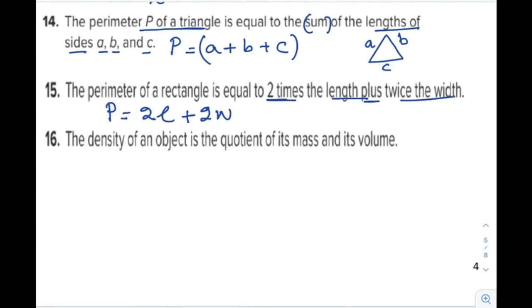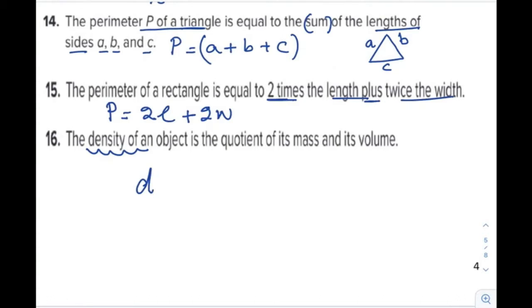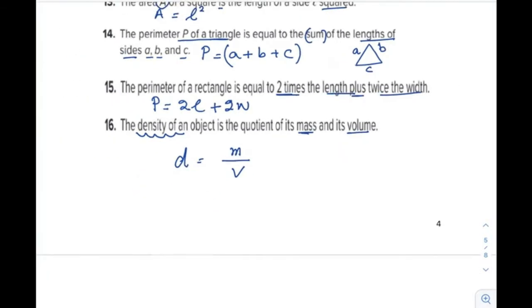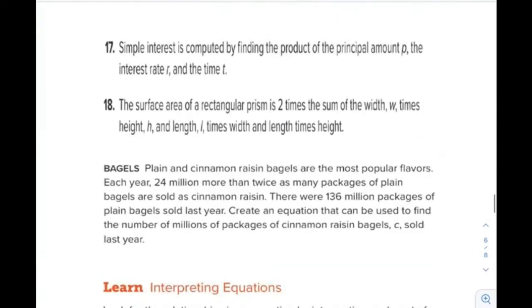The density of an object, the density D we can call it, is the quotient of its mass and its volume V. So it is the quotient of its mass and its volume. Here we were able to translate many exercises.